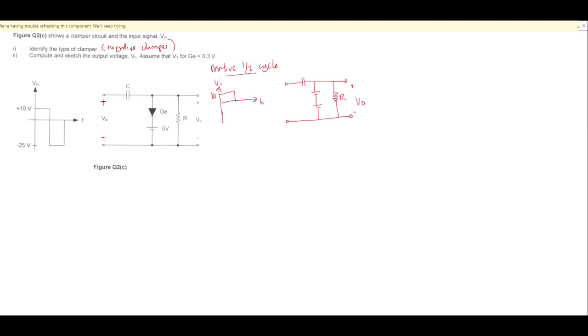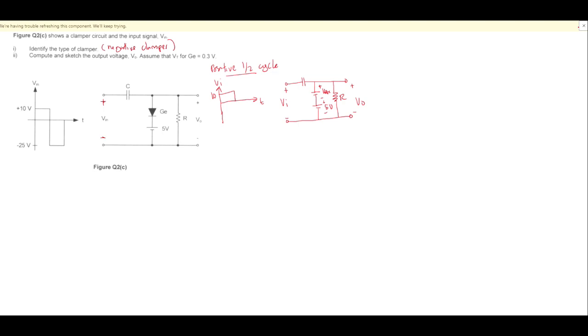This is Vout, this one is germanium, plus minus VDGE, and this one is plus minus 5 volt. Then for the positive half cycle, the top terminal must be positive, bottom terminal must be negative. So here is Vin. Sekarang kita nak cari the polarity ya.